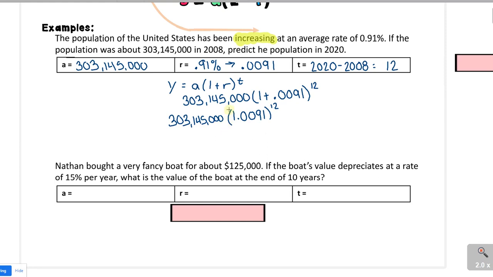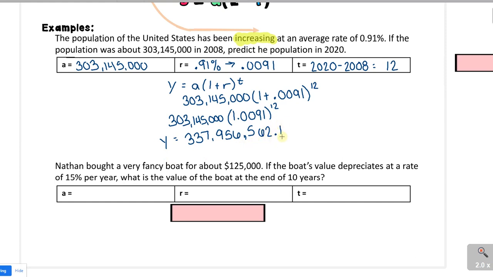303,145,000 times, do it in parentheses, 1.0091 raised to the 12th. When you put that in your calculator, you are going to get 337,956,562.1. Now, we are talking about population. Population is people.